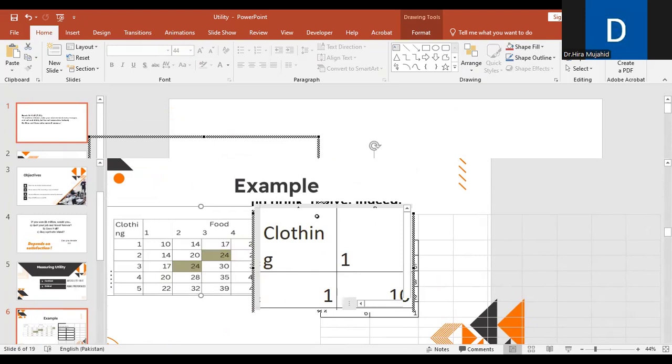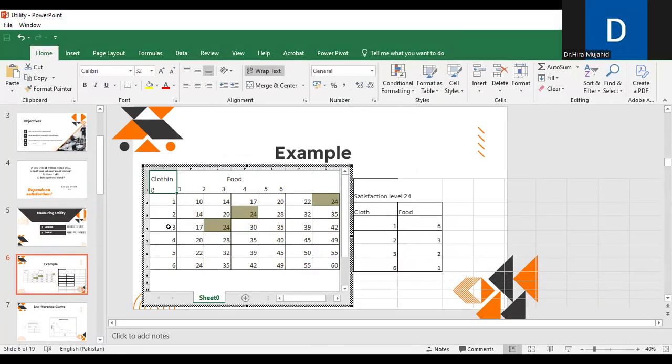I can see that if you take 2 units of clothes and 3 units of food, you can have 24. We pick all the points which give you the same level of satisfaction: 1 and 6, 2 and 3, 3 and 2, and 6 and 1. All the combinations are giving you the same level of satisfaction.